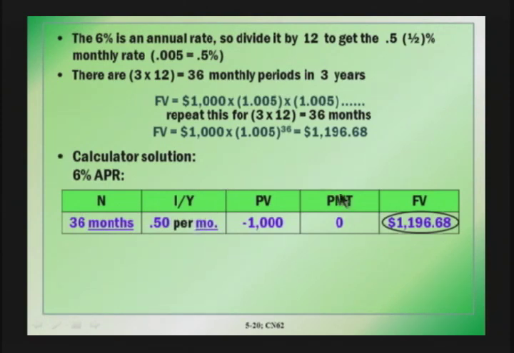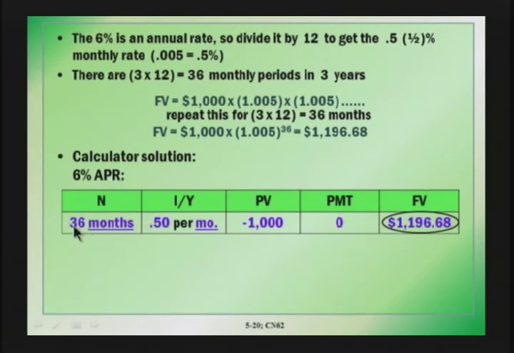Later in Chapter 6, we'll see that the payment has to be consistent as well. That payment has to be in the same period or the same frequency as N and IY. So for a $1,000 present value, investment amount, I'll pay that out up front, 1,000 negative PV, 36 N because I invested for 3 years, compounded monthly.